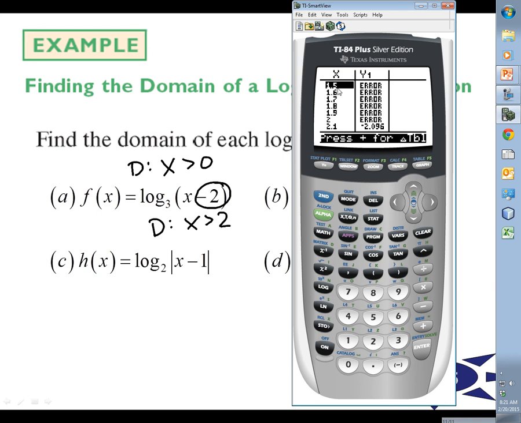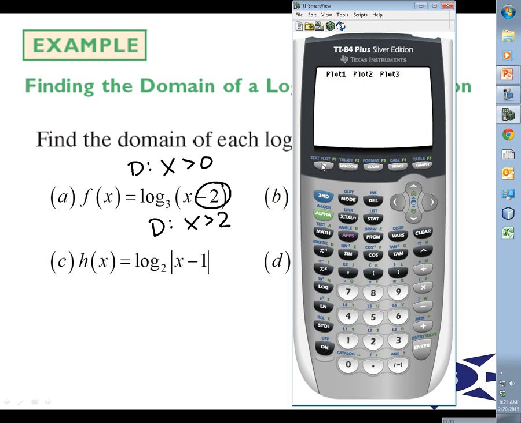We can't have 1.5, can't have 1.6, can't have 2. We could have 2.1. So 2 is our asymptote. That's the last value that we can't have. So x has to be greater than 2. If x is greater than 2, we have values for y.